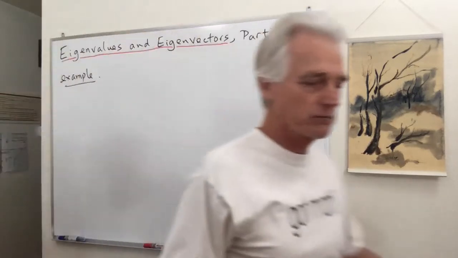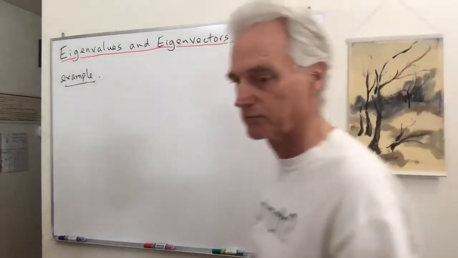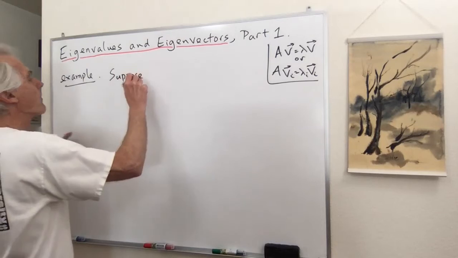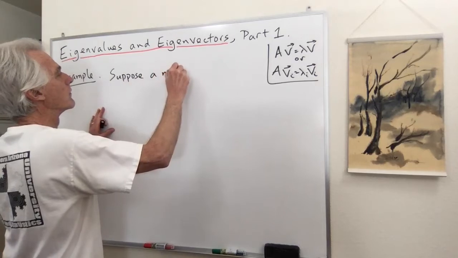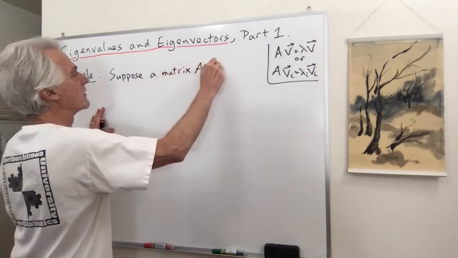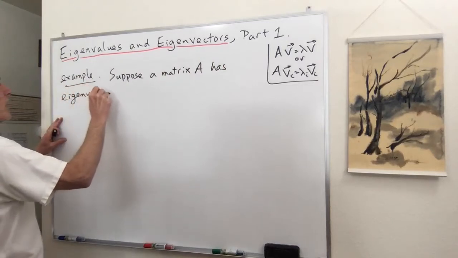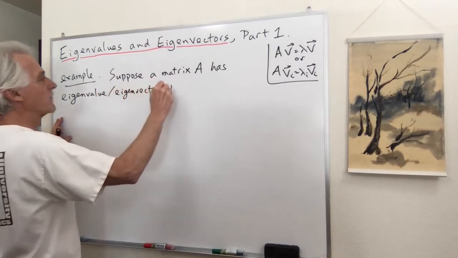Okay, so suppose a matrix A has eigenvalue, eigenvector pairs.